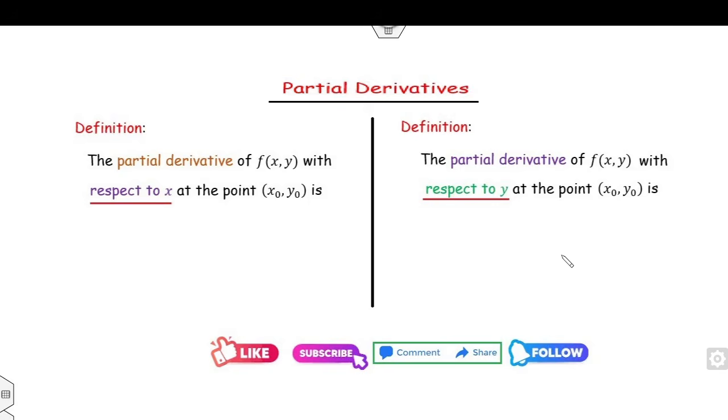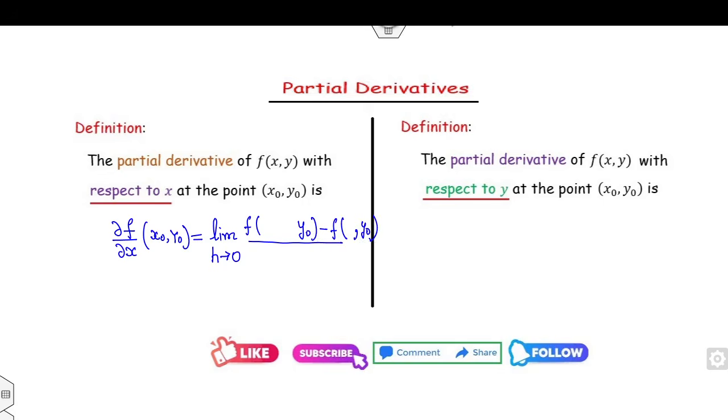Now, how can you define the partial derivative? Firstly, the partial derivative of f with respect to x at the point x naught, y naught is defined as the limit as h approaches 0. Since in this partial derivative we keep y as a constant, first of all I write the function with y as my constant, that is, y is the same point.